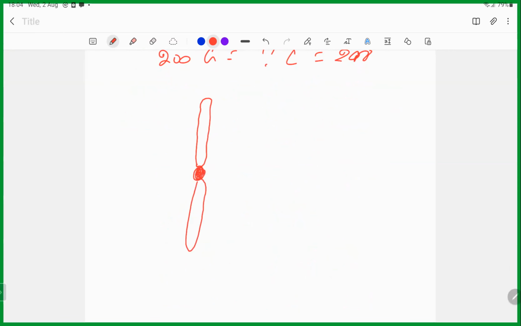Okay, this is called what? Centromere. The central constriction is called the centromere. When DNA is condensed, it gets this structure. You can have two different arms, arm one, arm two.